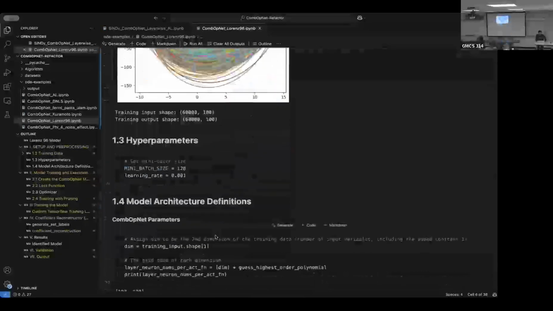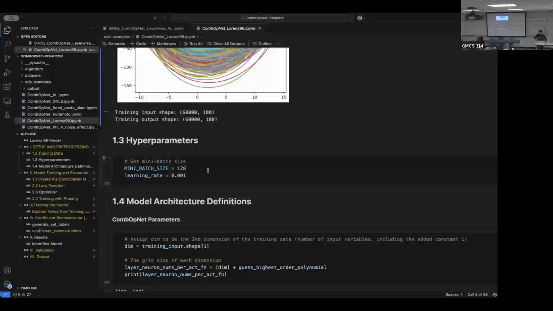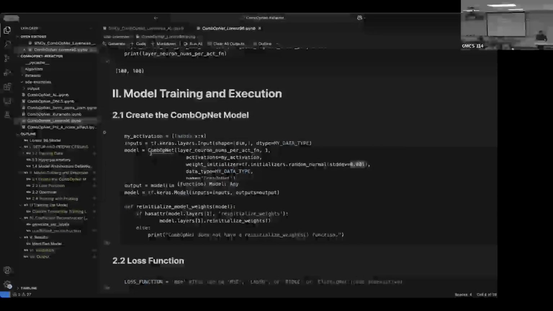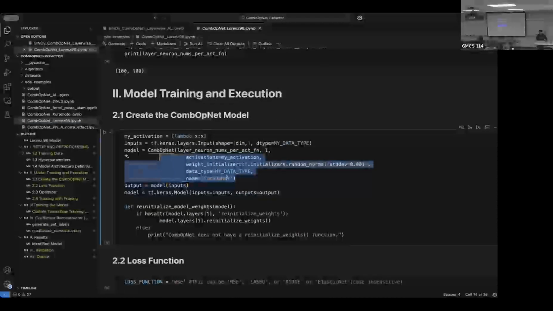You define your mini-batch and learning rate. By the way, we use a constant learning rate here, and it turns out it works. But there is a lot of work you can continue on the training side. And this is how we define a CombOpNet. We have already abstracted it into a class, so you just plug and play. At this time, it's as simple as creating a one-layer perceptron.